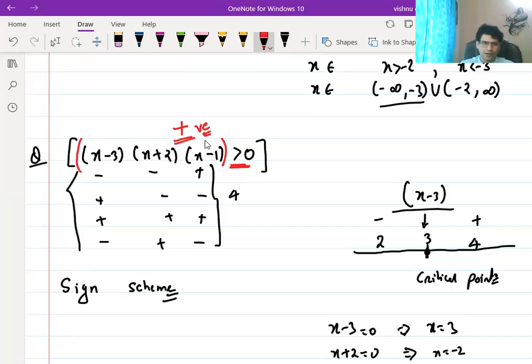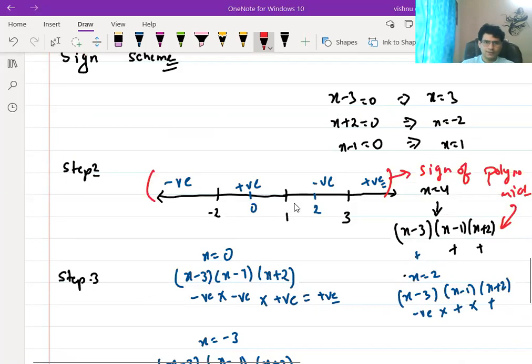Now, if you see this, in which interval do you get positive values? Because if you talk about the sign, that is positive. Yes, very good. Minus 2 to 1, and 3 to infinity. Correct.